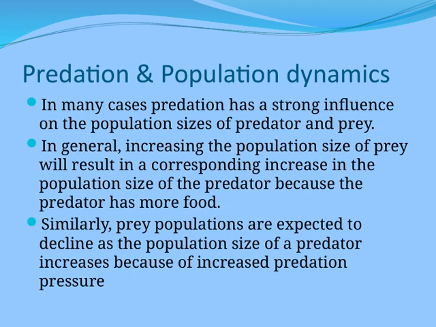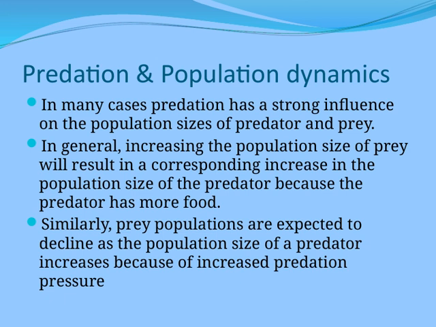Let's talk about predation and how it affects population dynamics. In many cases, predation plays a significant role in determining the population sizes of both predators and prey. When the prey population increases, it provides more food for predators, which often leads to a rise in the predator population as well. Conversely, as the predator population grows, the increased predation pressure tends to cause the prey population to decline.